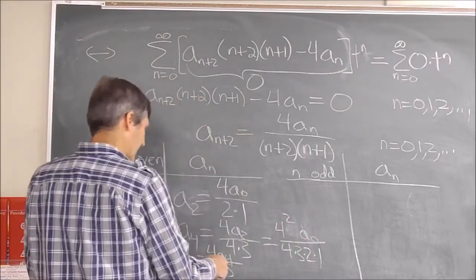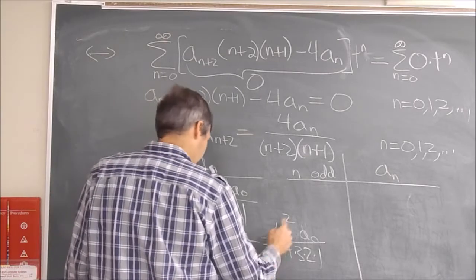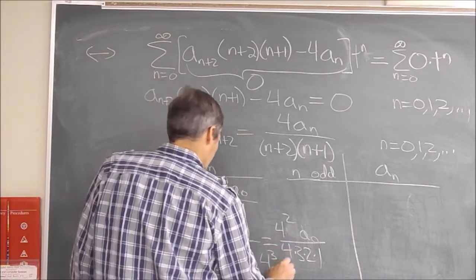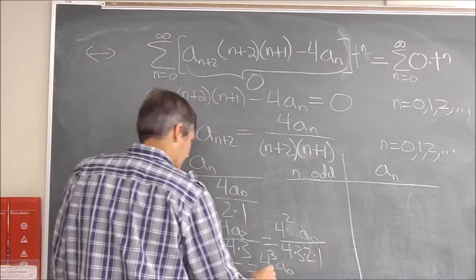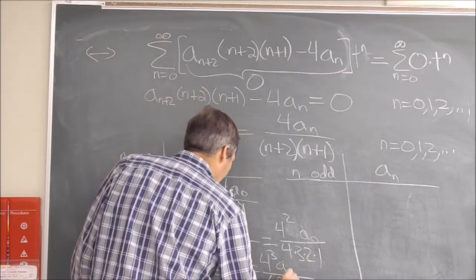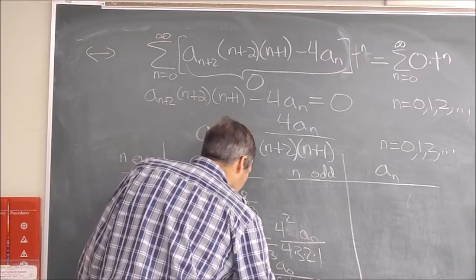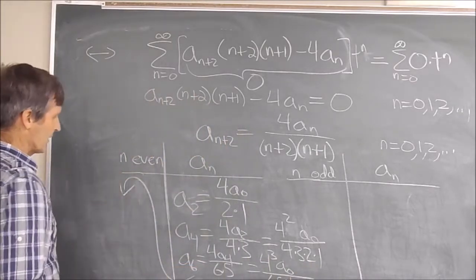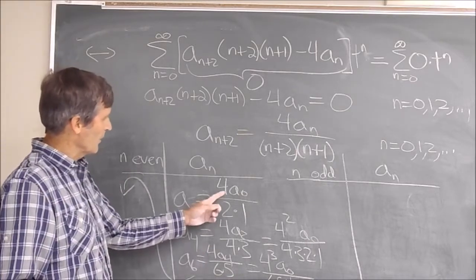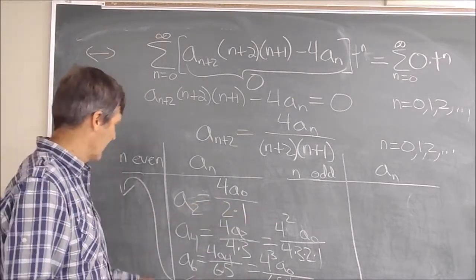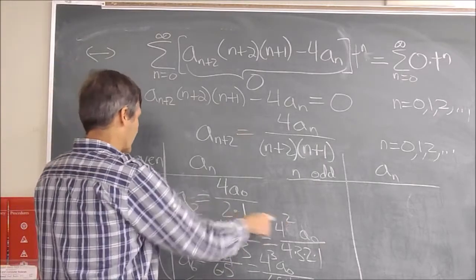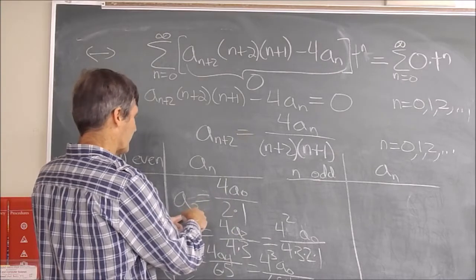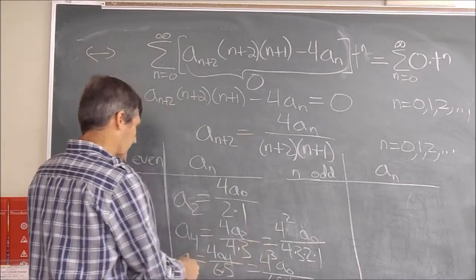Now 4 times a4 is 4 times 4 squared, which is 4 cubed, times a0, all over 4, 3, 2, 1, and 6, 5. 6, 5, 4, 3, 2, 1 all multiply together. We can deduce inductively what we're getting, right? Each one of these powers is just 1/2 of this: 4 to the first for 2, 4 squared for 4, 4 cubed for 6.